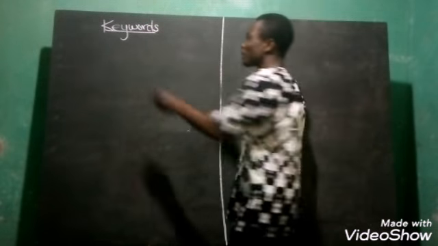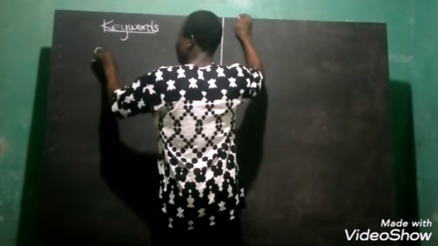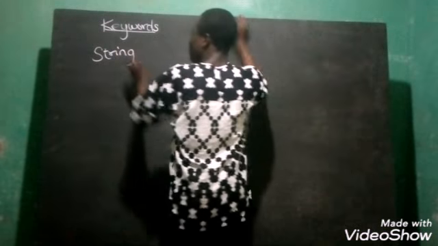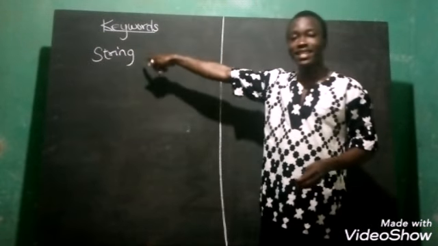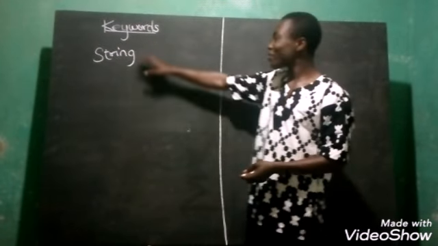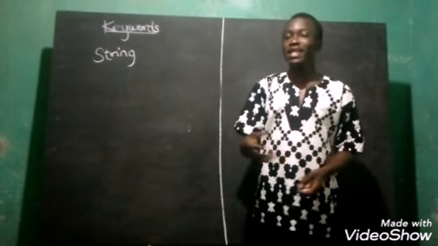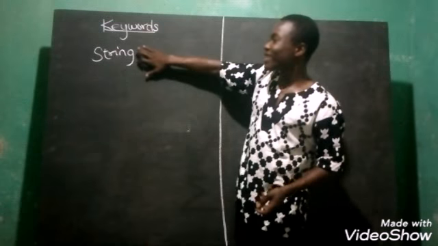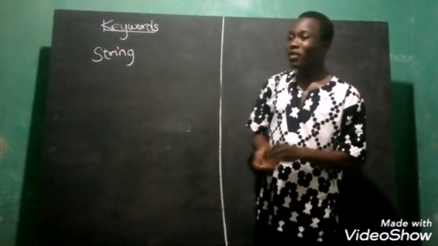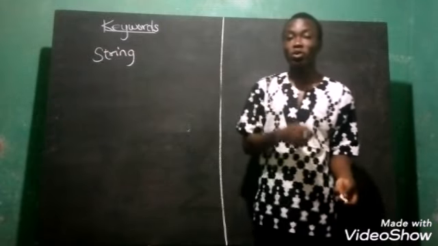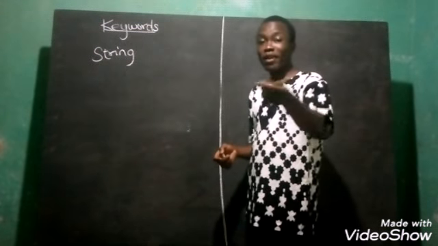So, for example, words like string. This string word is a keyword in Java, meaning if you are writing your program and you use string, the compiler you are using actually identifies this to be a keyword. So, for example, in the next video, we'll be talking about variables and how to declare them.